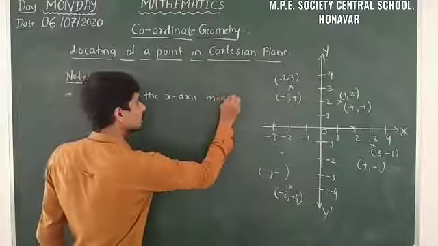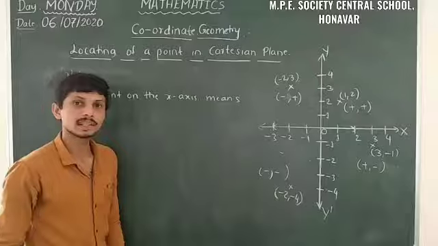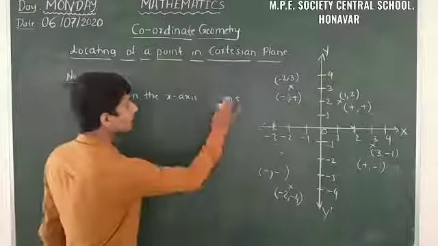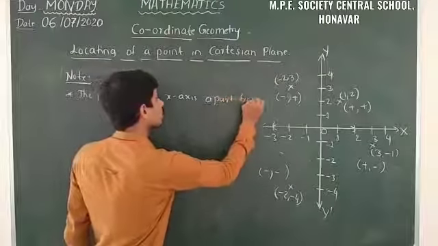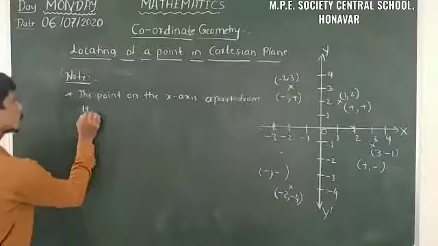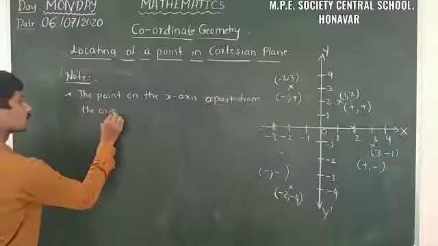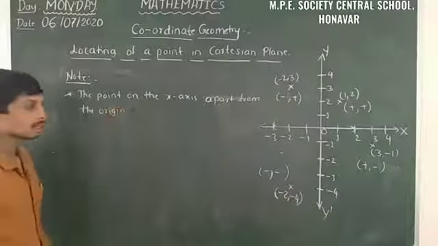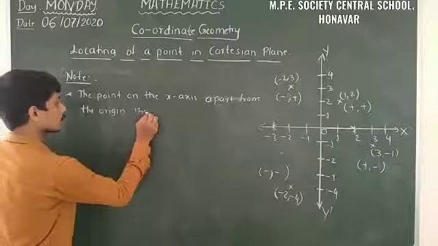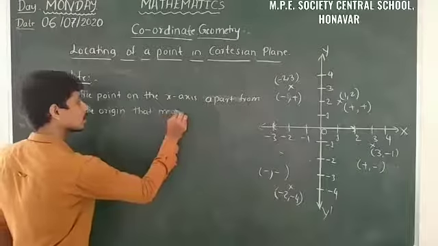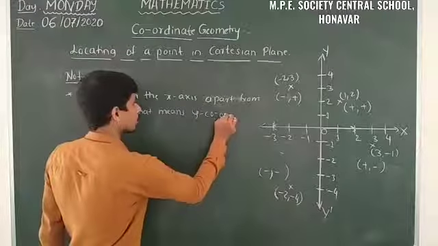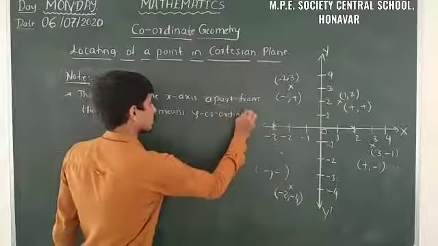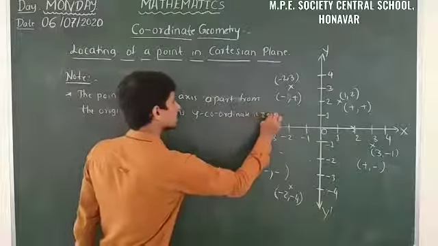means the point on the x-axis apart from the origin. That means the y coordinate is 0.